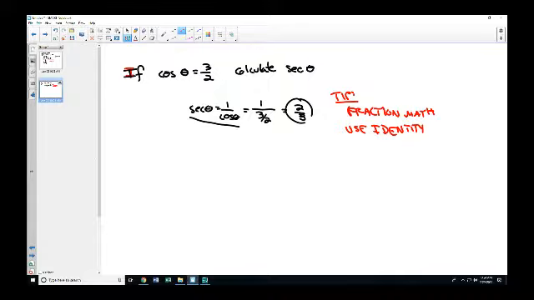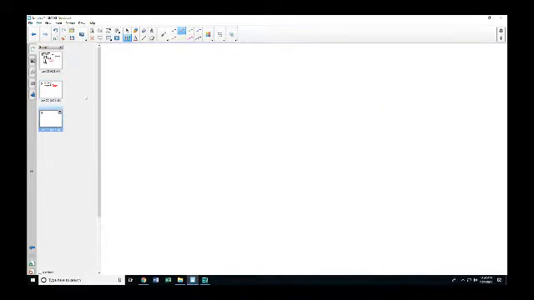Okay, here's the last thing for the day. One of the big things in math is proving things are true. Very high level college work most of the time. But one of the other things is proving something's not true.